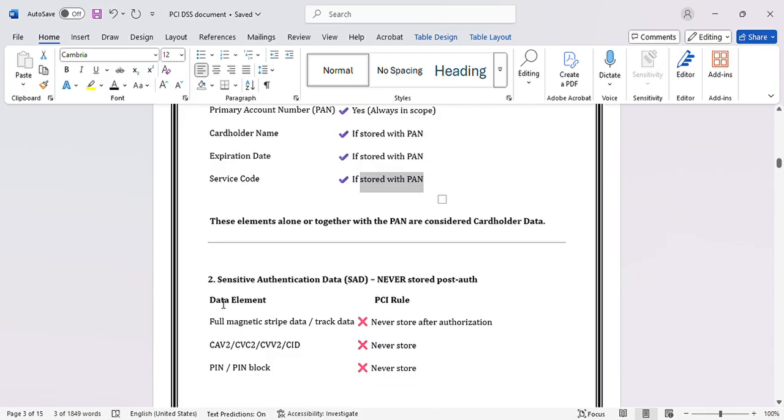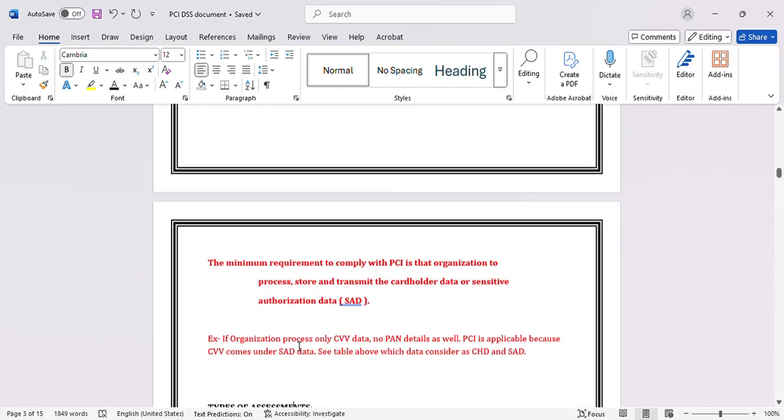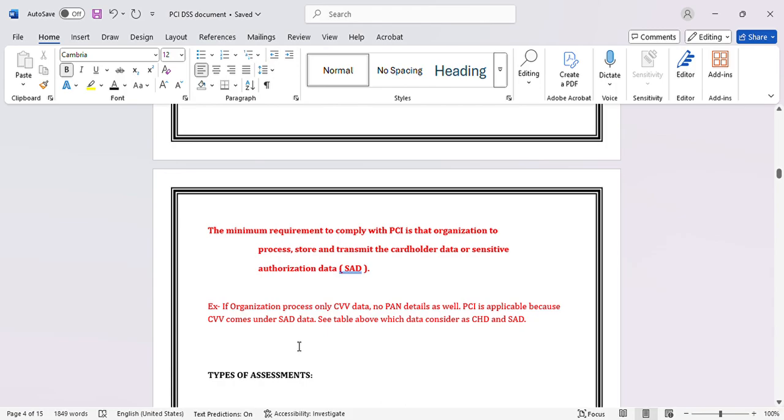What happens if a vendor is processing highly sensitive information like CVV, PIN and so on? For this, PCI is clearly applicable, because if we check the definition of PCI, the minimum requirement to comply with PCI is that the organization processes, stores or transfers cardholder data or sensitive data.